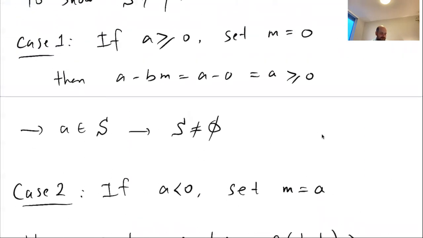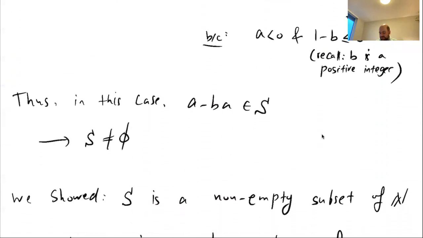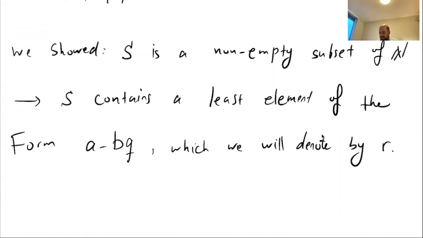Look at the definition of S again. a minus bm, where m is an integer. So m could be any number here. For one of these values of m, this number a minus bm becomes the least element of S. That value of m, I'm going to call it q, which is the q that I'm going to show is the q that we're looking for. So that's why I said the least element is of the form a minus bq, because every element of S is of the form a minus bm.